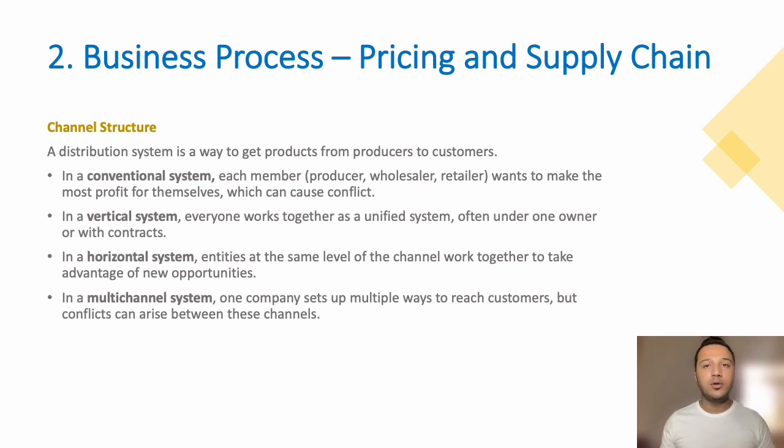Or we might also opt to sell through online international deliveries or international couriers. So these are different ways of how you can manage the distribution of a product within a company.